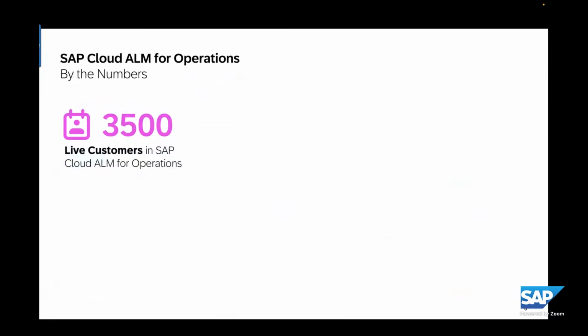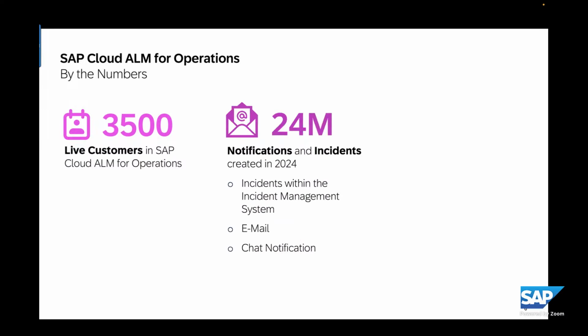With that, I want to show you a few numbers from 2024. In 2024, we had around 3,500 live customers in SAP Cloud ALM for operations. That means in the end, 3,500 customers are using our use cases day by day for their operational business. We sent out 24 million notifications and incidents created in 2024.